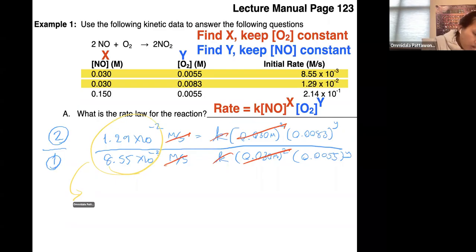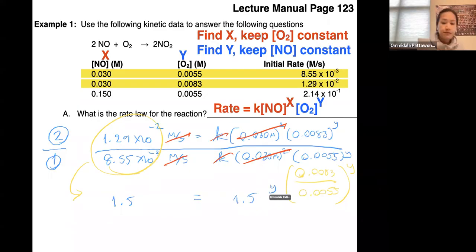And remember, this one can also be written as 0.0083 divided by 0.0055, and then both of them raised to y. If you calculate this, you get 1.5 on this side, which is equal to 1.5 raised to y.